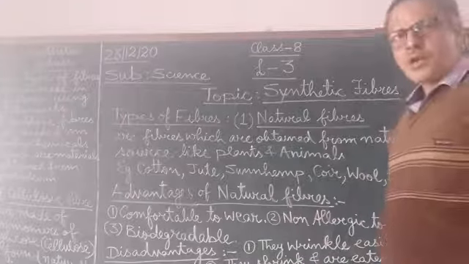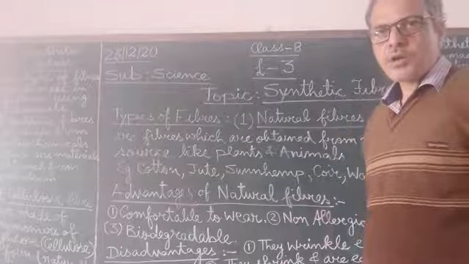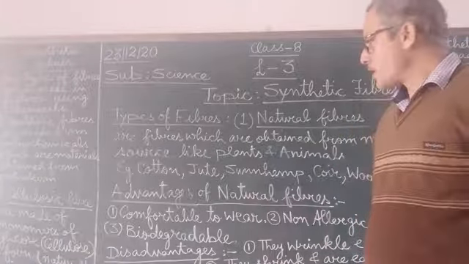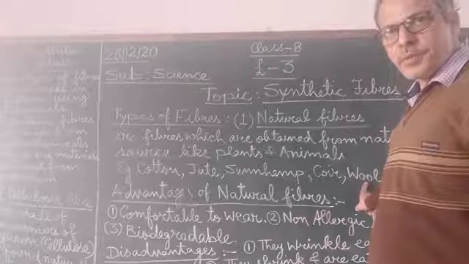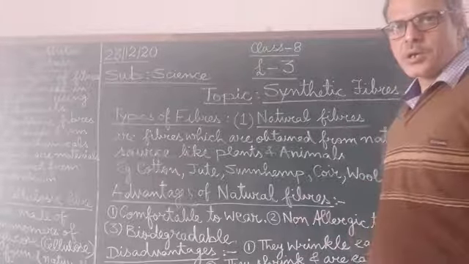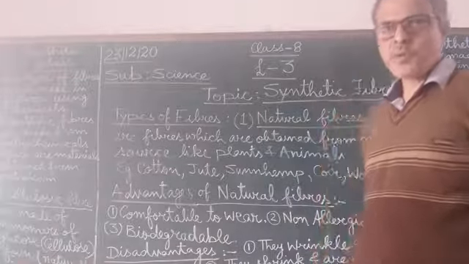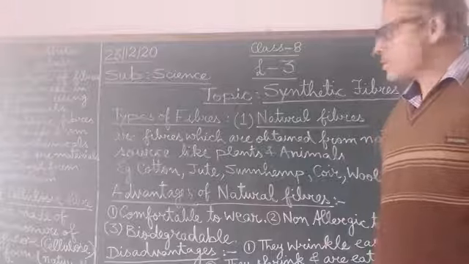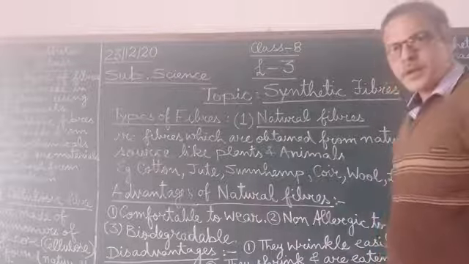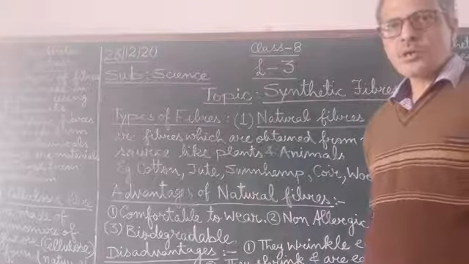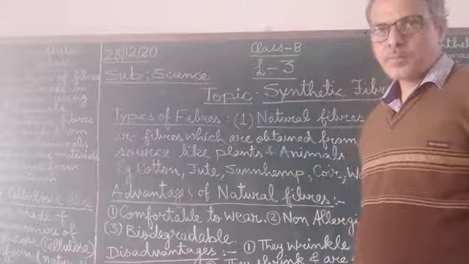Besides this, the natural fibers which are obtained from the animals include wool and silk. So silk and wool, these are the two natural fibers which are obtained from the animals, whereas cotton, jute, sun hemp, coir and linen are the various types of natural fibers which are obtained from the plants.